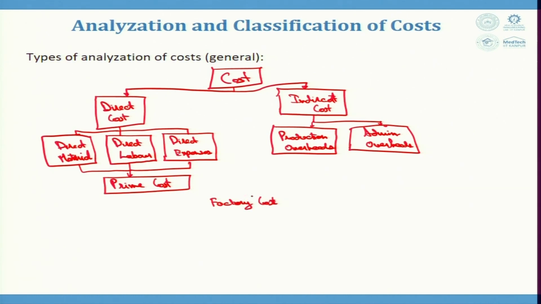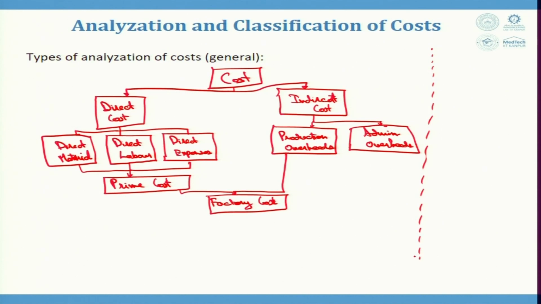So, factory cost is direct material plus direct labor plus direct expenses plus production overheads. This means it is the sum of the prime cost and production overheads.